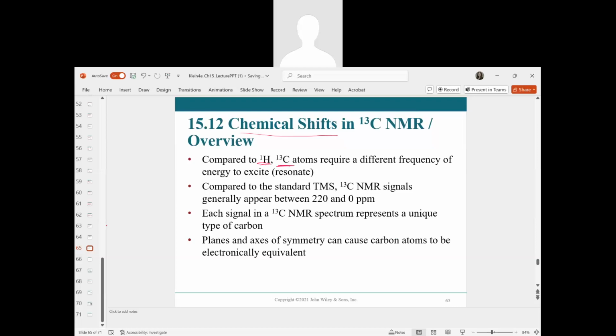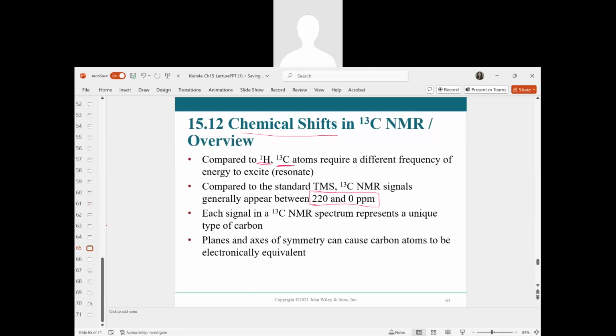This frequency is also going to be produced at a different shift or range from our TMS standard. We can still use TMS as a standard with carbon-13 NMR spectroscopy, and these signals will appear as a shift between 0 and 220 ppm.